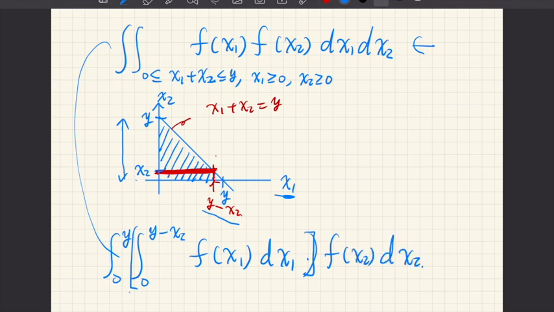So first evaluate this part. But if you look at this, this is just a cumulative distribution function for x1, right? From 0 to y minus x2. So that will be the cumulative distribution function, and this one comes here.